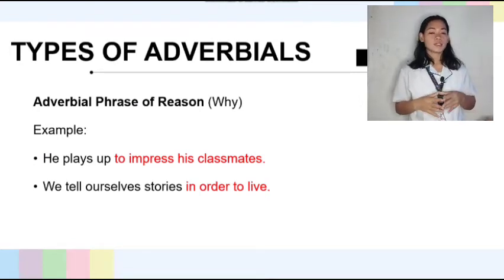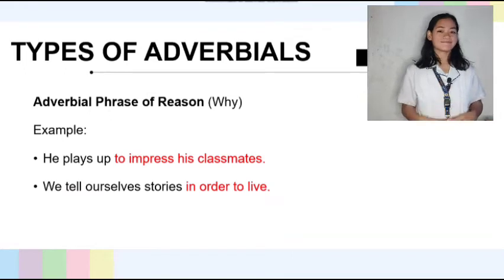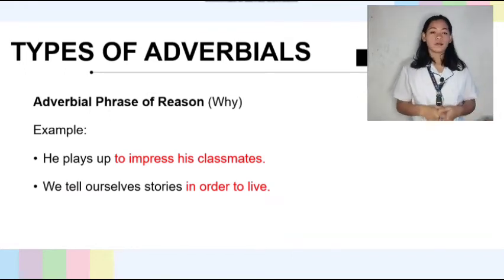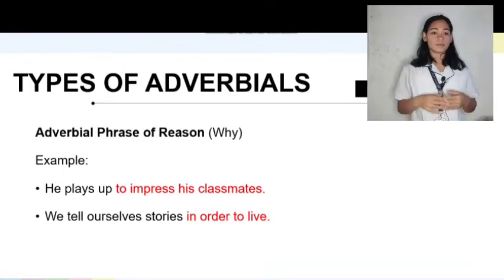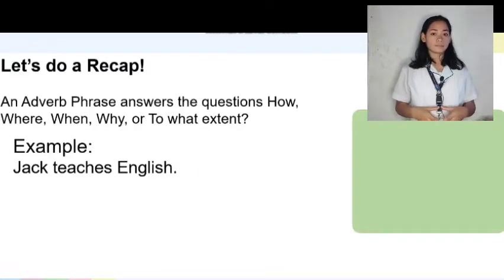Why does he play? To impress his classmates. Another example, we tell ourselves stories in order to live. The adverb phrase here is in order to live because it states why they tell stories to themselves. Now that you've learned about adverbial phrases, let's do a recap.